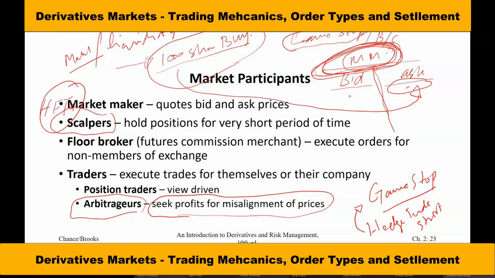So the share price was not only increasing because retail investors from Reddit, Wall Street Bets, were buying the shares of GameStop, but also because the hedge funds started to buy call options to protect themselves. And when they did, that created further demand for the GameStop stocks, because you need to deliver them in the future.